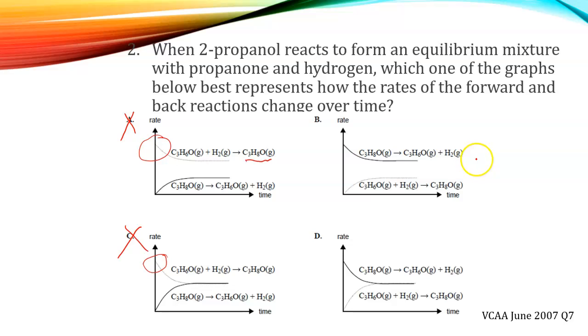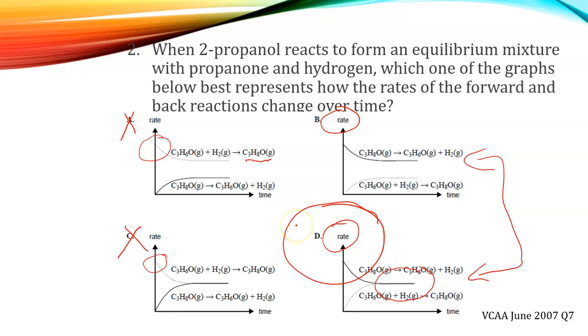Now the difference between B and D is that, remembering the vertical axis has got rate on it, in B the rate of the forward reaction is different to the rate of the backward reaction at equilibrium, whereas in D the rate of the forward reaction is equal to the rate of the backward reaction. So this is our winner. This is the one, because that is our definition of equilibrium. So really, this is just a roundabout way to test whether you know the definition of equilibrium.